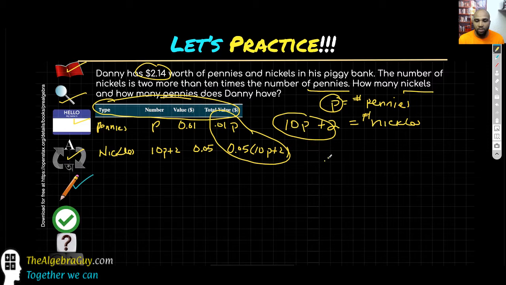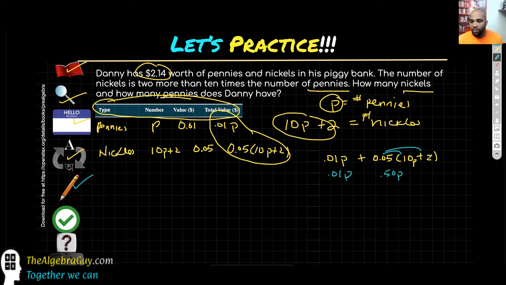So I'm going to rewrite this 0.01p plus 0.05 times 10p plus 2. All right, so that's what we're trying to solve. Going to rewrite this in order to solve. I'm going to distribute this here. 10 times 0.05 is going to be 0.50p.